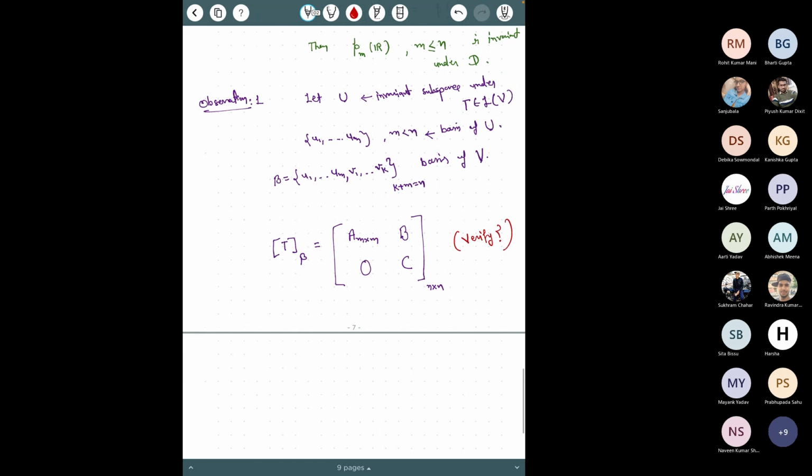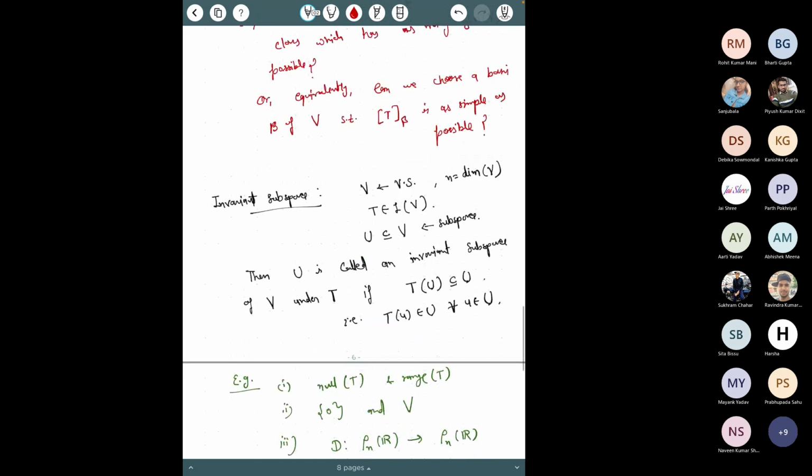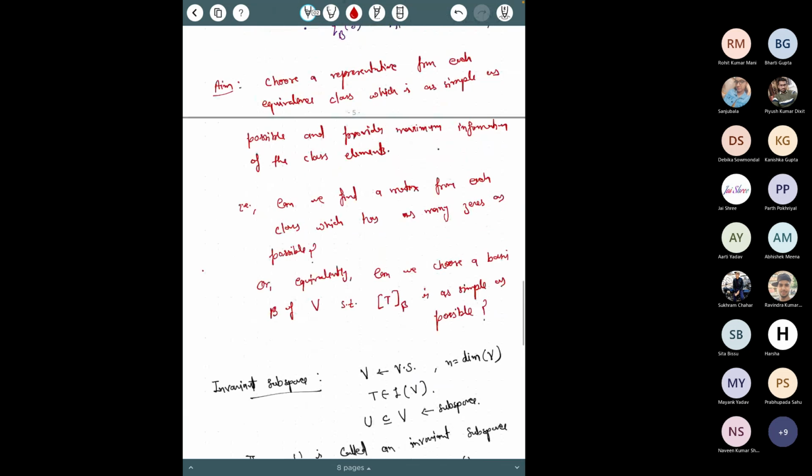Okay, that's fine. So you remember what we are trying to do? We posed this question: can we find a matrix, from each class, which has as many zeros as possible? Or equivalently, we are trying to find a basis such that the matrix of T is as simple as possible. Simple means it has many zeros.